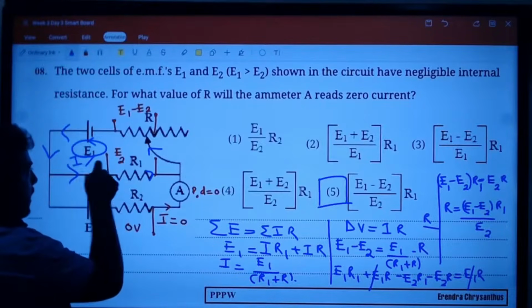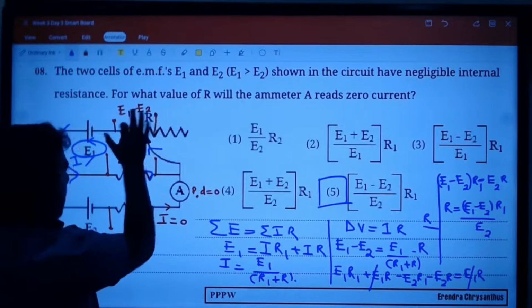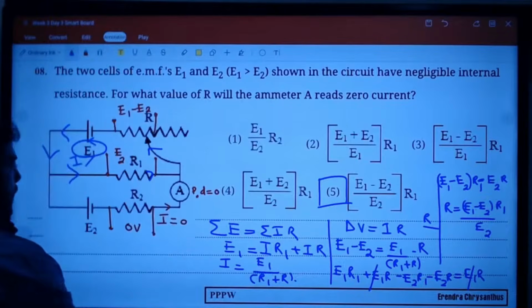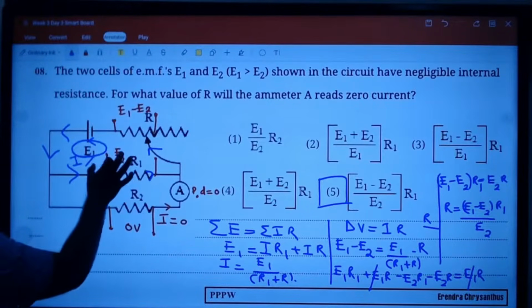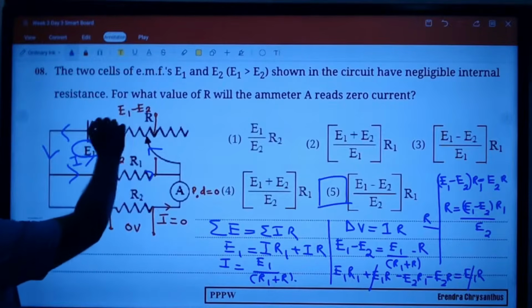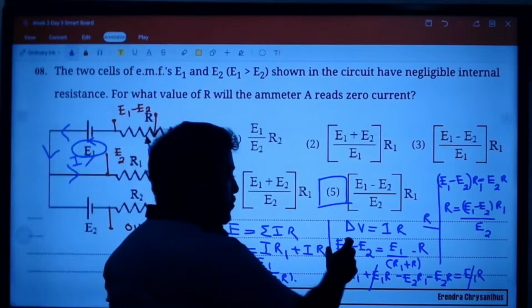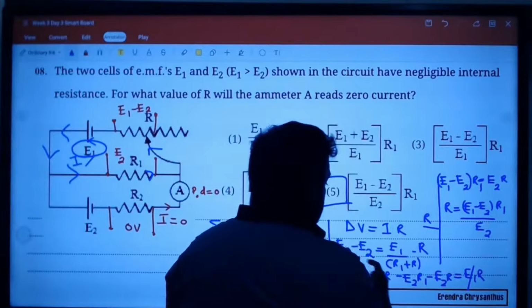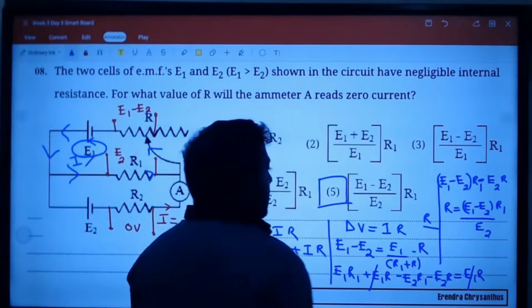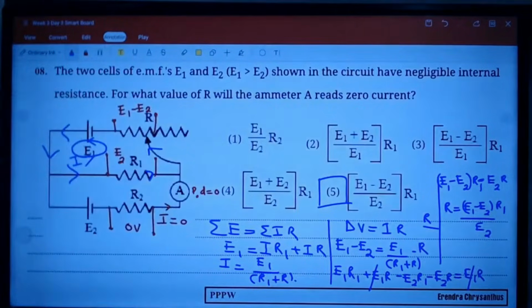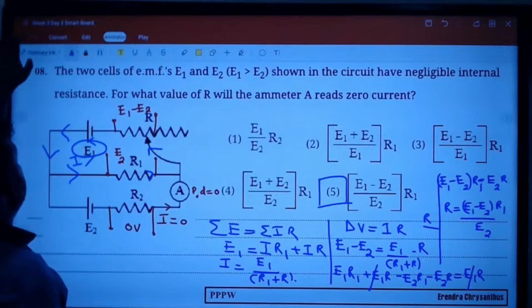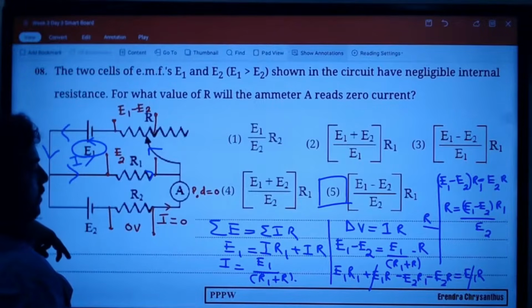Here I times R1, I times R. Here voltage E1, here voltage E2, remaining voltage is here E1 minus E2. Current into resistance, cross multiply. Simplify, you can find the resistance: E1 minus E2 times R1 divided by E2. So the correct answer is answer number 5. Right? Okay now?